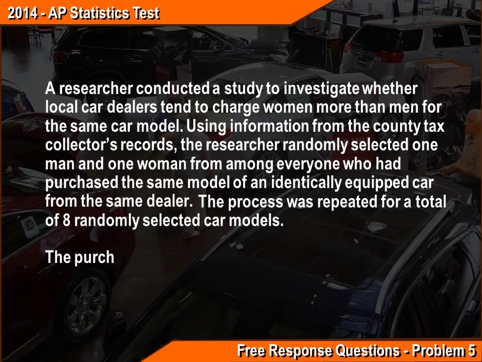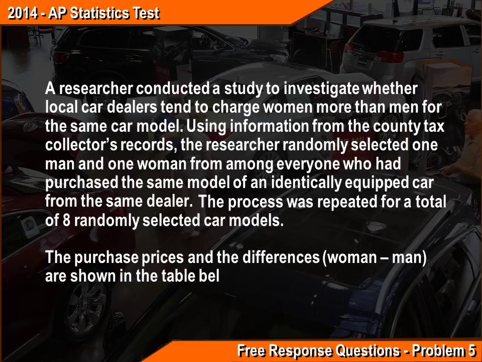The purchase prices and the differences woman-man are shown in the table below. Summary statistics are also shown.